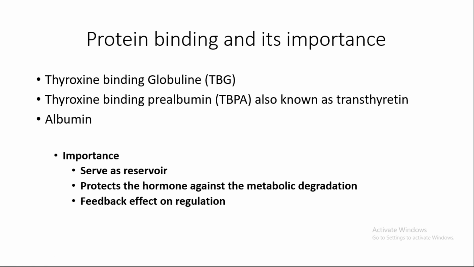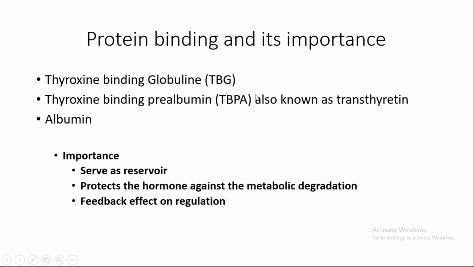The thyroid binding globulin is a glycoprotein synthesized by the liver, and the molecular weight is 54,000. The molecule has a single binding site for one molecule of thyroid hormone.